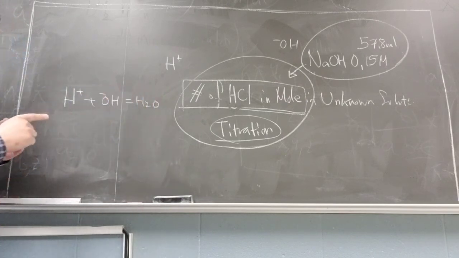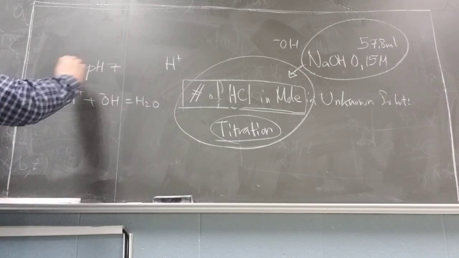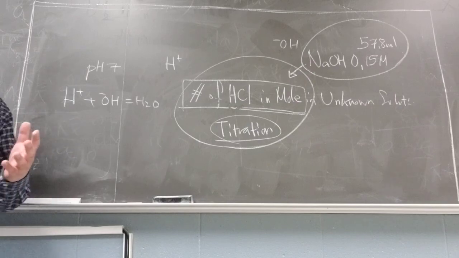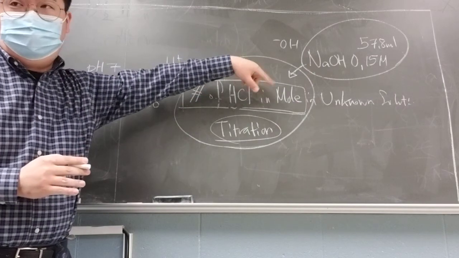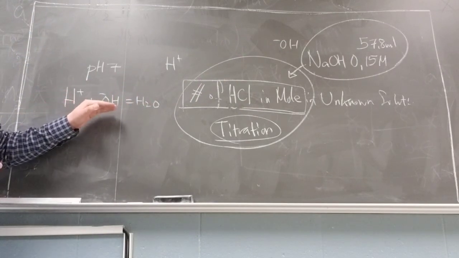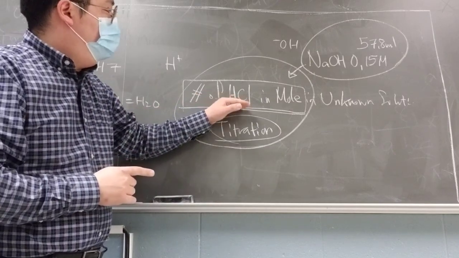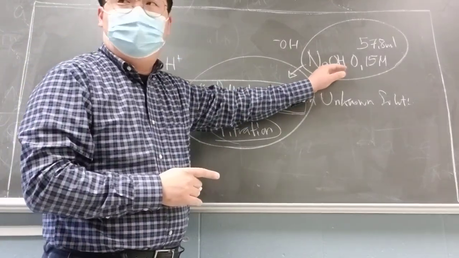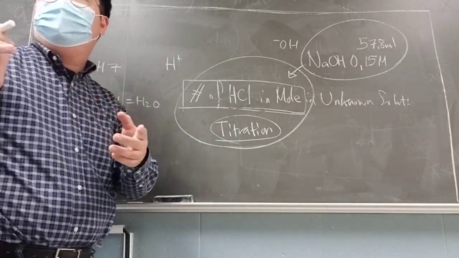So we're putting this one to make it water. So when you get to the neutralization point, your pH level will reach 7, which is where we're going to see the equivalence point. That means at pH 7, in this mixture, you have the same numbers of H plus and OH minus. That is also the same as numbers of HCl and numbers of OH minus, because it's a 1 to 1 ratio. Make sense, right?